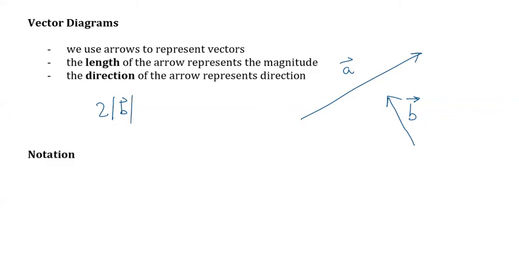That statement right there says the length of B is half the length of A, or A is twice the length of B. We're going to write this down in a minute. When you're doing a proper vector diagram, the length of the arrow represents the magnitude. So double the length, double the magnitude. And the direction obviously represents the direction of the vector. So these two vectors are just going off in 2 different directions.